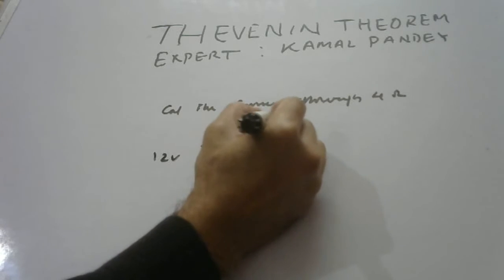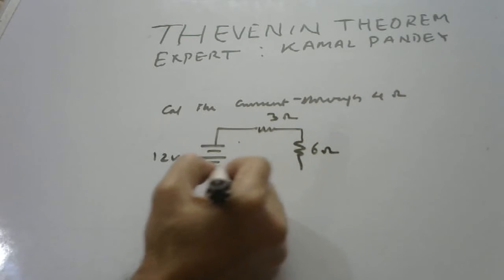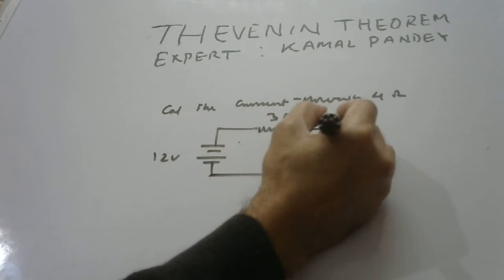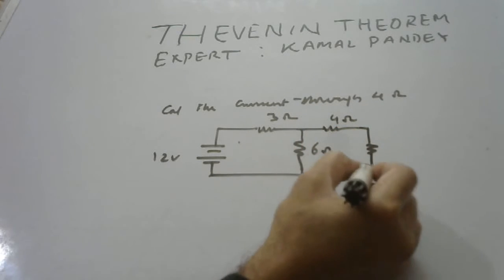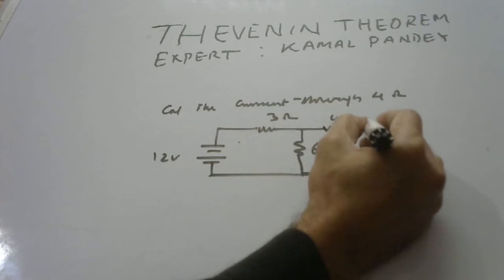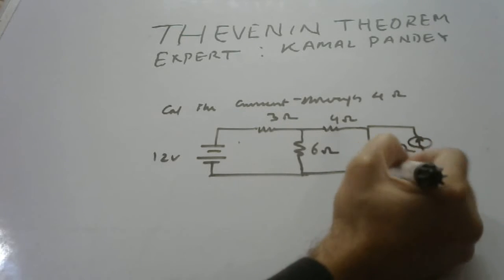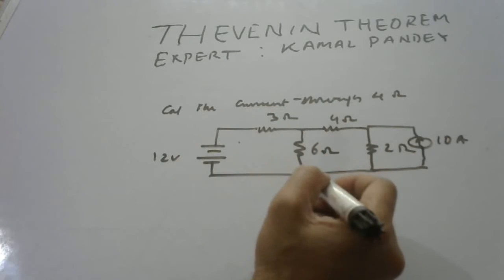This is the resistance of 3 ohm, 6 ohm. Here is the 4 ohm. This is a 2 ohm resistor. Here is the current source of 10 ampere. The question is to first Thevenize the network and find the current through the 4 ohm resistor.